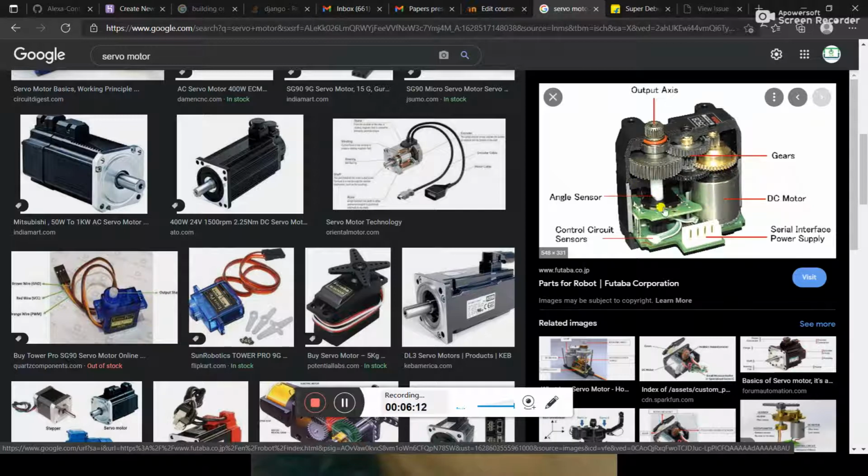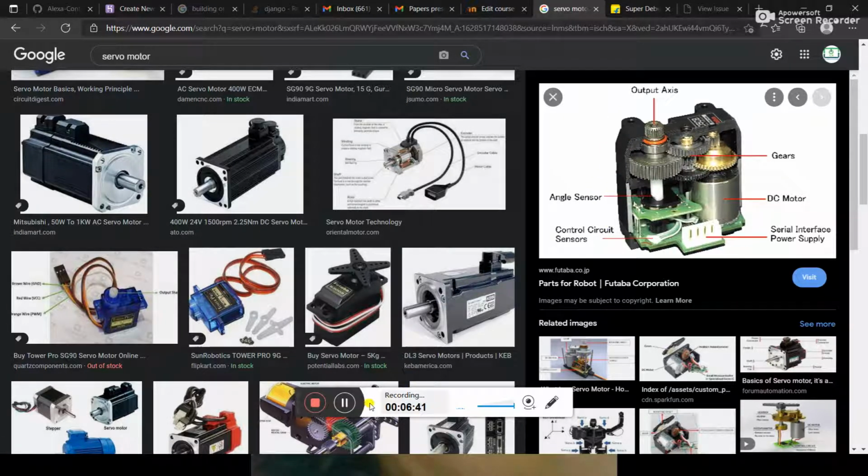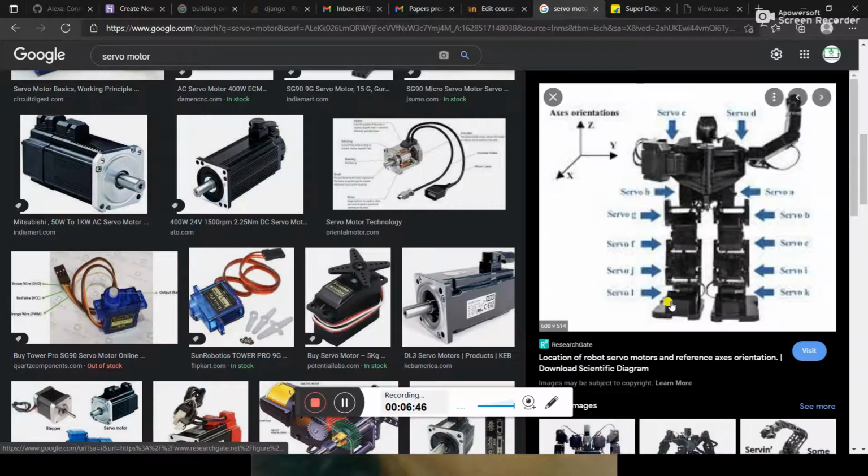There is a DC motor and a left-right mechanism, and all the mechanism is related to the gears. These gears increase the torque of the servo motor, so its capability is increased. Due to its high torque, we can use it for the mechanism of many types of robotics.